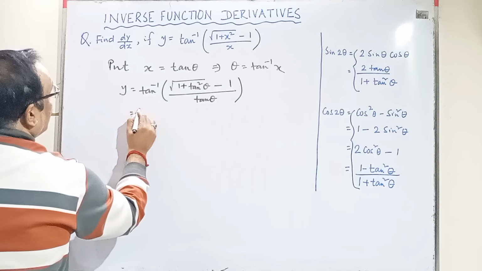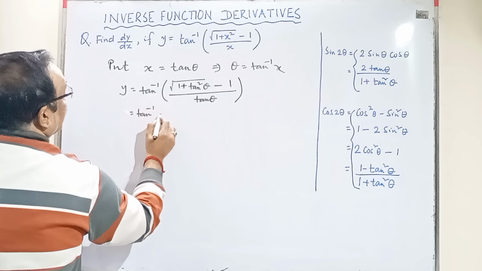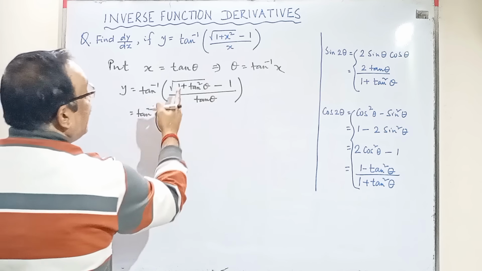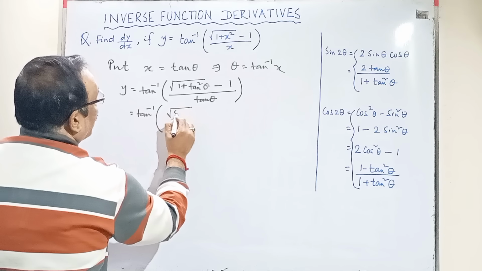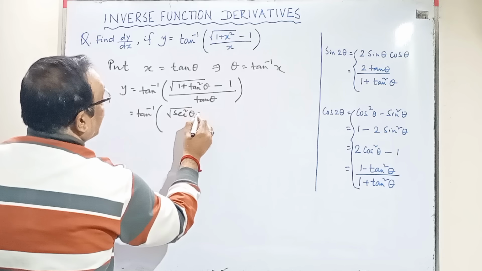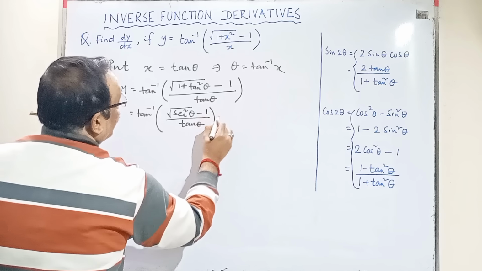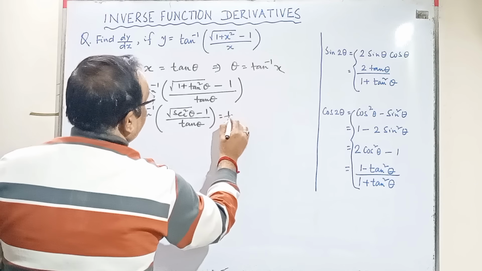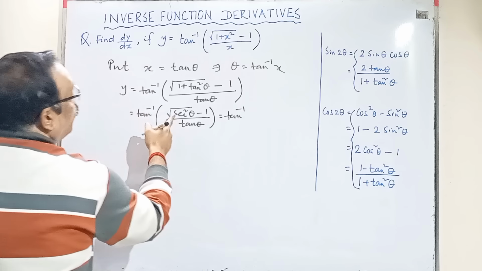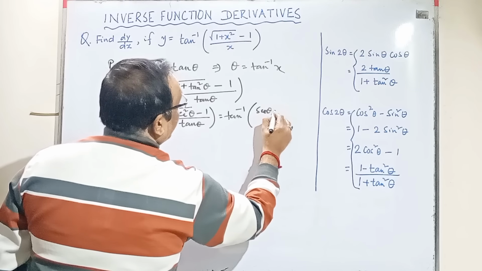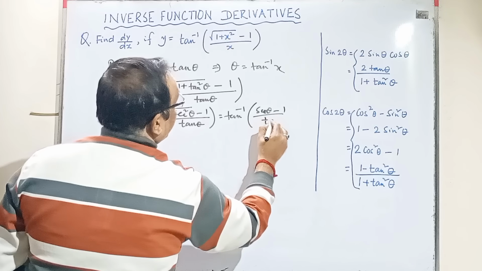So y is equal to tan inverse of root over 1 plus tan square theta. 1 plus tan square theta is sec square theta. So root over sec square theta minus 1 by tan theta, which I can write as sec theta minus 1 by tan theta.